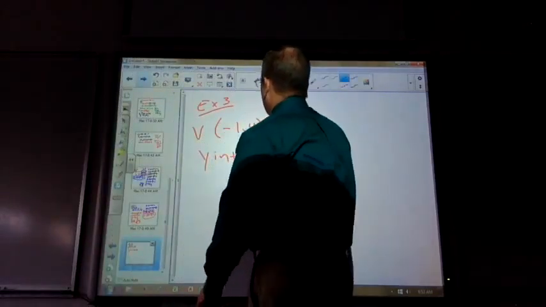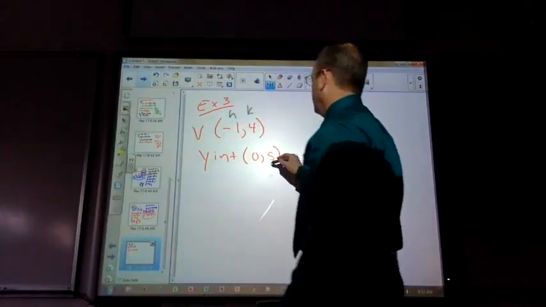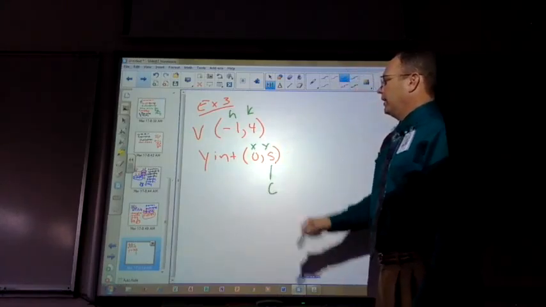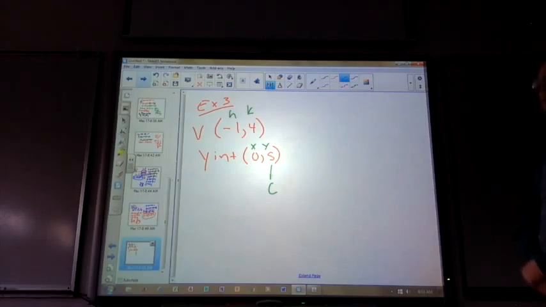Values I know: this is h, this is k. That's my c value. But that c value is also an x, y value, isn't it? So let's keep that in mind.